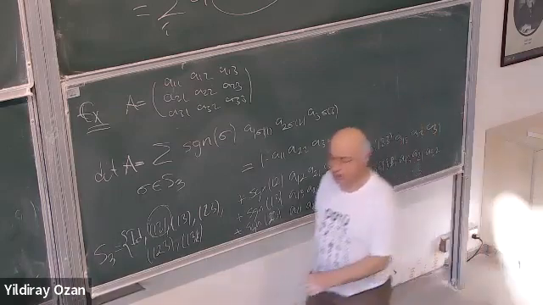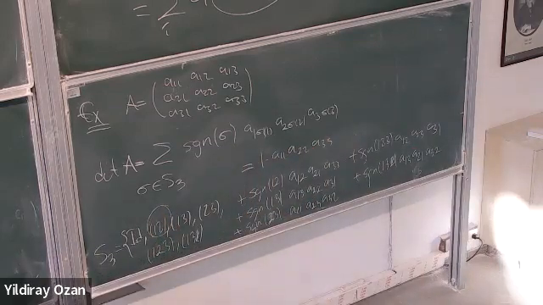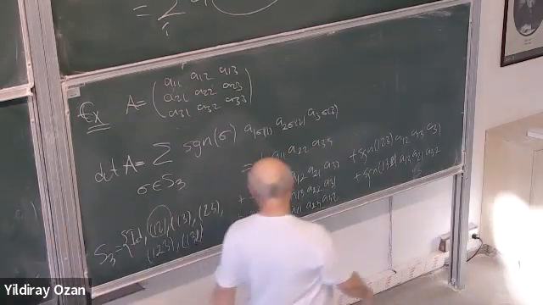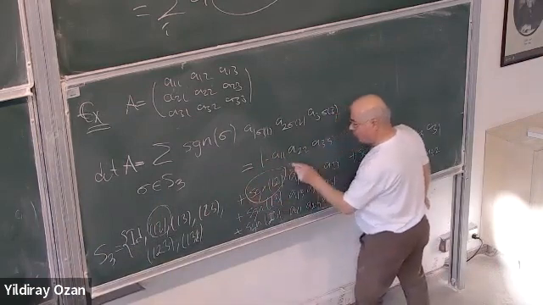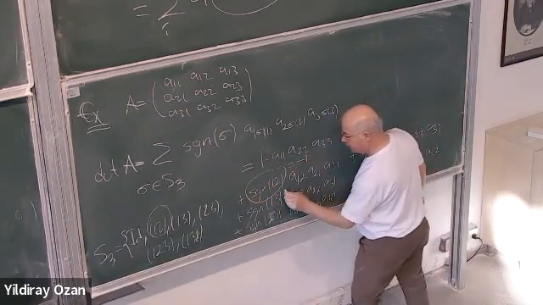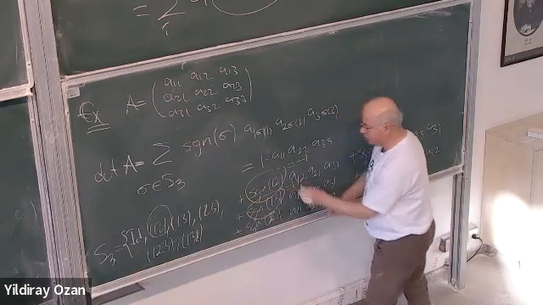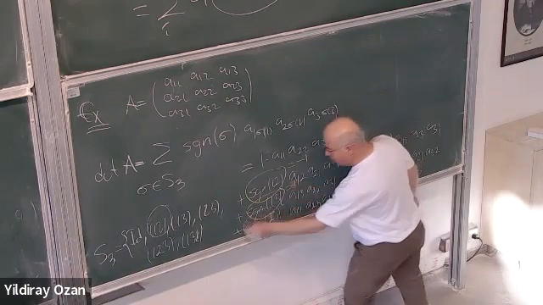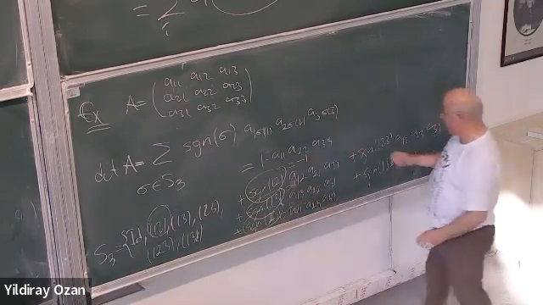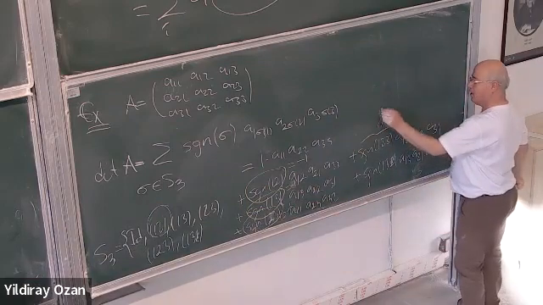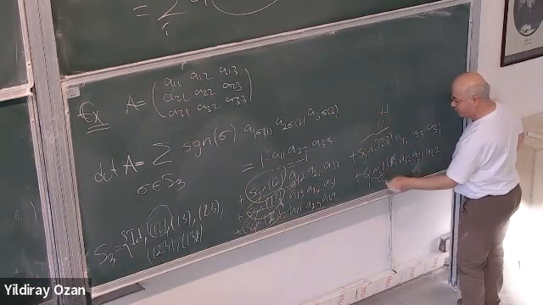Okay, and it turns out that this is of course -1. This is also -1 because it's just one transposition. This is -1, but these are +1. This is +1, and this is +1.